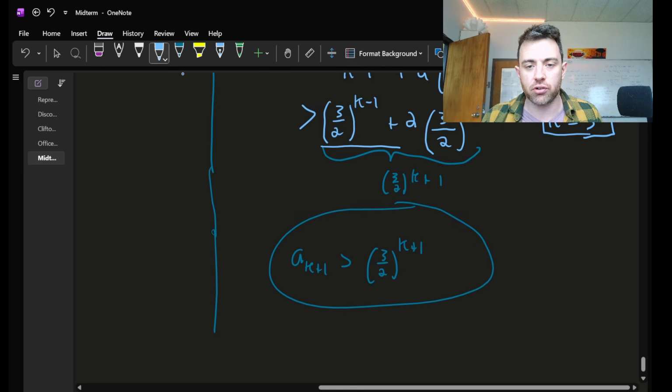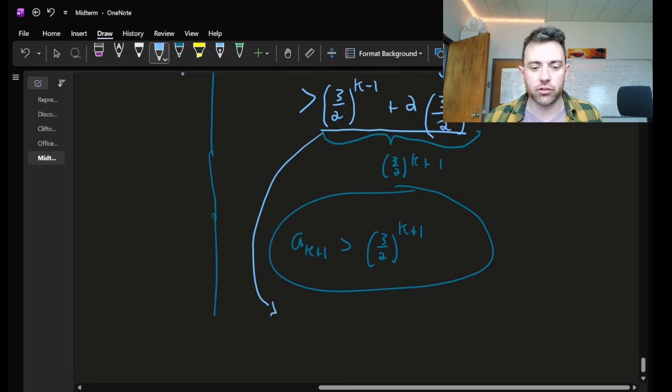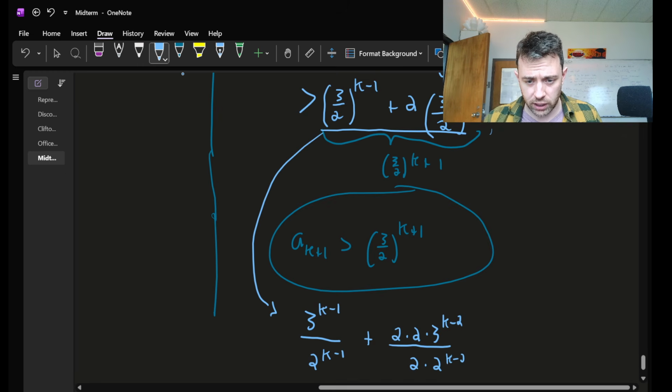So one thing to try and get it closer is maybe I try and put this all into one fraction, right? So this is k to the 3 minus k over 2 to the k minus 1. I don't want to cancel out this 2 here because I actually want to add a factor of 2 down here, right? So I actually want to multiply by another 2. So this would be 2 times 2 times 3 to the k minus 2 over 2 times 2 to the k minus 2, right?